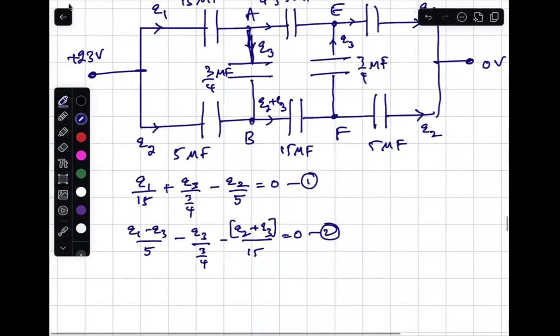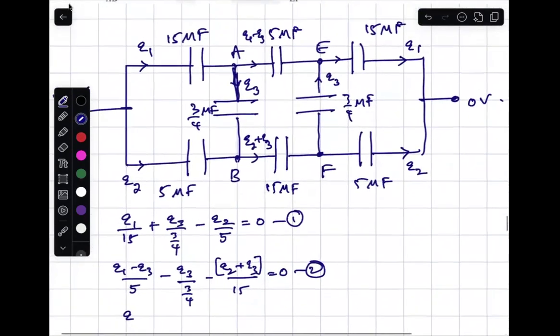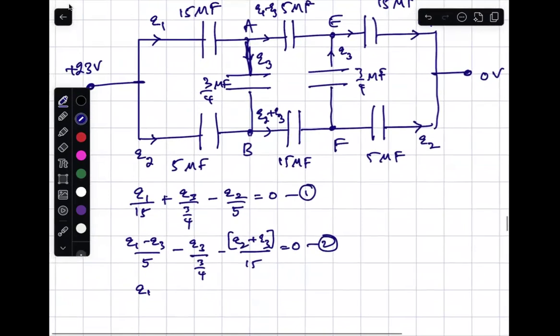Now you again take the third loop. The third loop gives you Q1 by 15 minus Q2 by 5 plus Q3 by 3 by 4 is equal to 0. These are the unknowns.